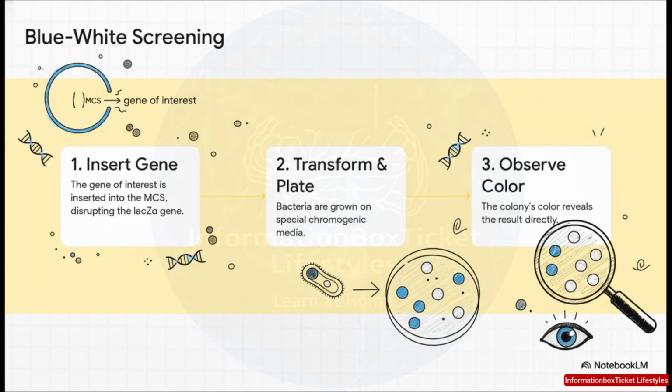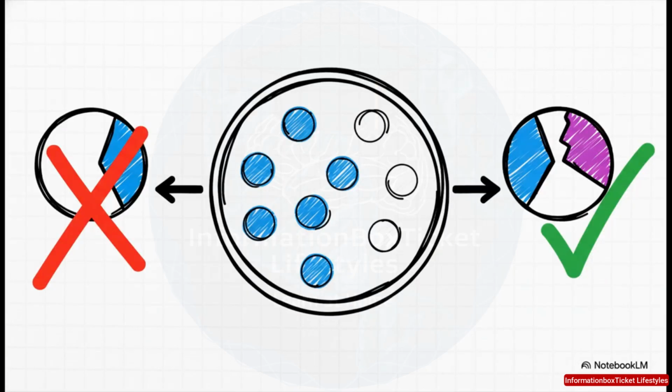So how does this magic trick work? It's beautifully simple. You pop your gene into the multiple cloning site, which is sitting right inside that LacZ alpha gene. Then you put the plasmids into your bacteria, spread them on a single plate that has a special chemical in it, and that's it. You just wait for them to grow and you look. And here it is. This is the aha moment.